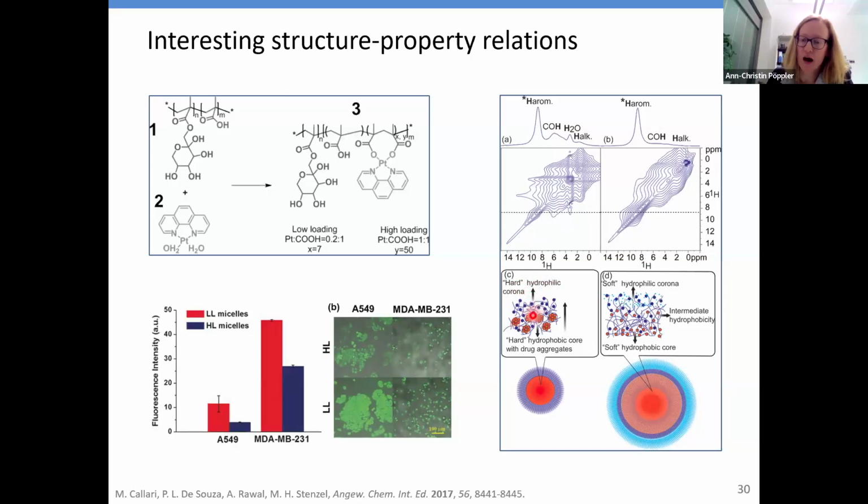And this hard particle is much less taken up, and the soft hydrophilic corona, so a softer particle that can be deformed more easily, is beneficial for the uptake. So she correlated things she saw in the NMR data with things she observed in a biology lab.